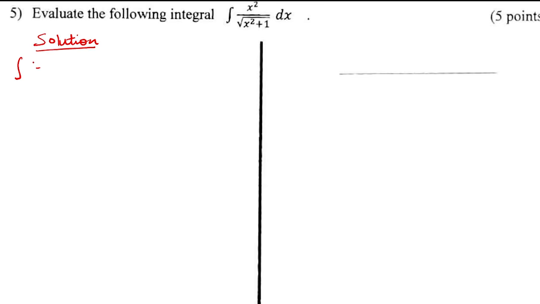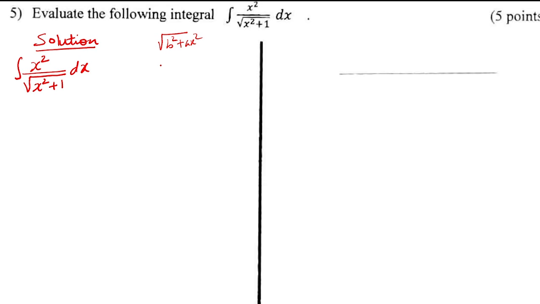The integral of x squared over square root of x squared plus 1 dx. Now look, we have under the radical x squared plus 1. Remember, whenever you have the form under the radical b squared plus a x squared, what you have to substitute?